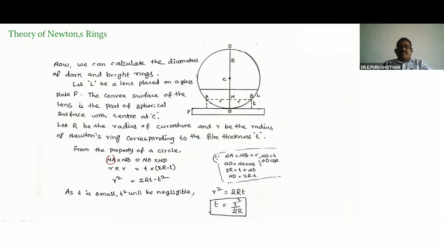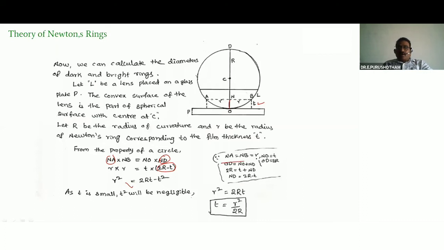NA is small r, NB is also small r, so small r into small r is equal to NO into ND. From this point to this point, this is the thickness, small t. So ND is equal to 2R minus t.